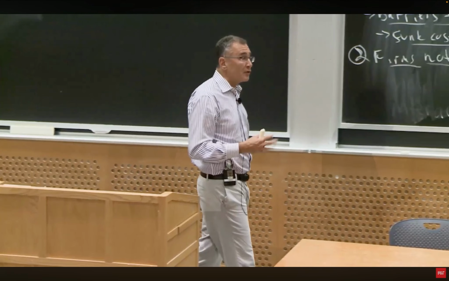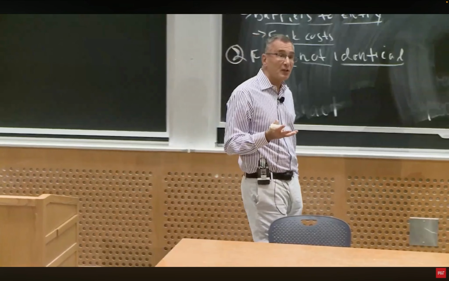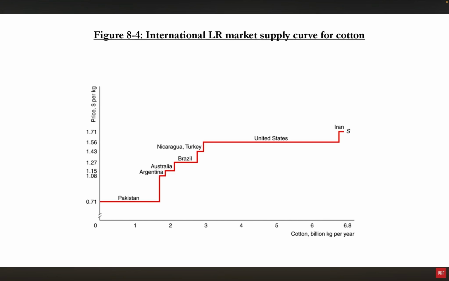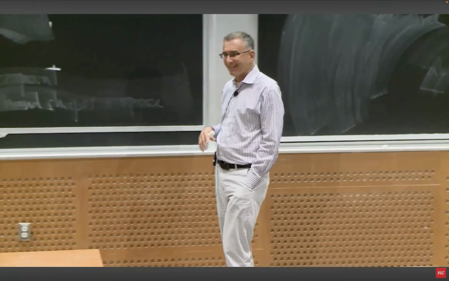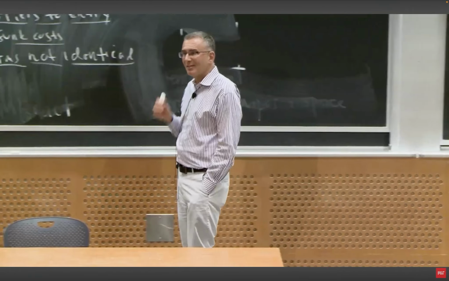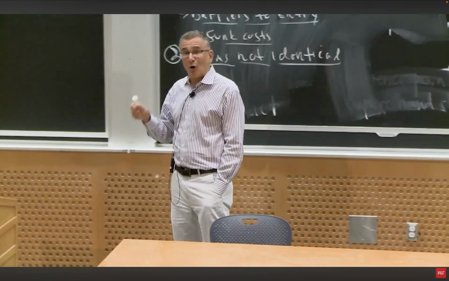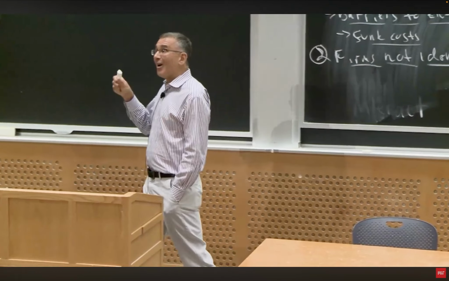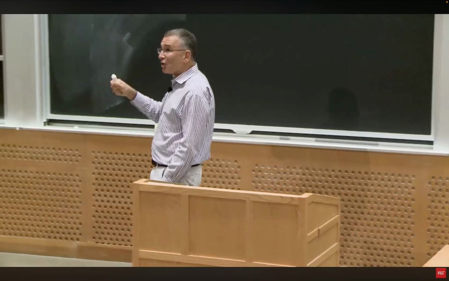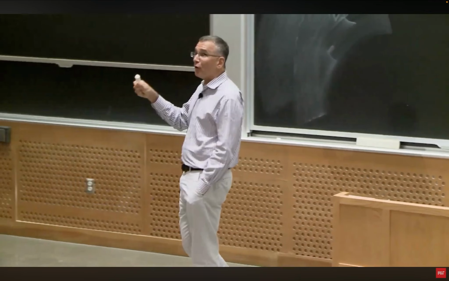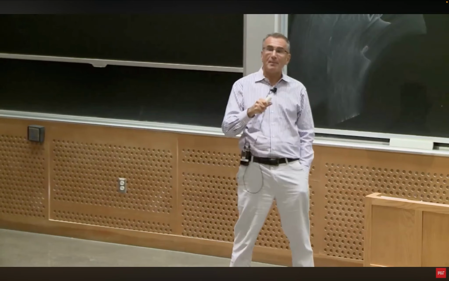This red line supply curve, demand equals supply at 156. So what are profits in the US at that price? What are profits in Pakistan? 85 cents. So in a world where to meet demand, you need to draw on less efficient firms, the more efficient firms can make money.